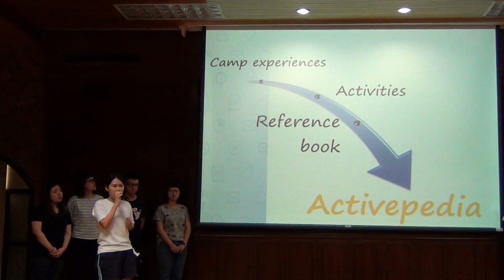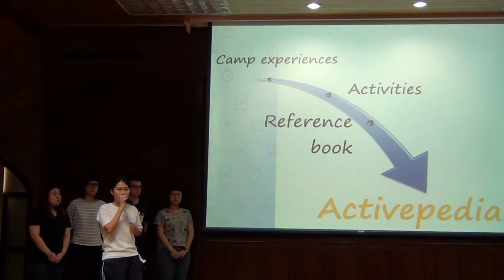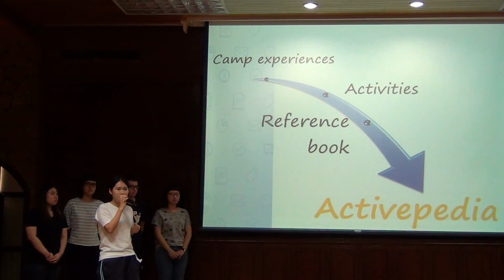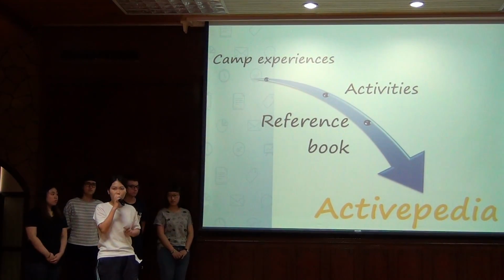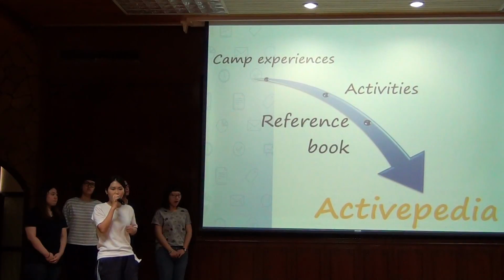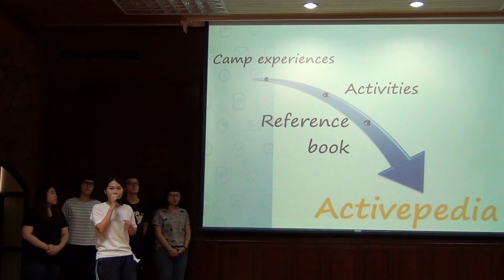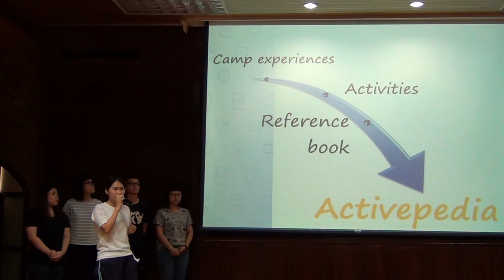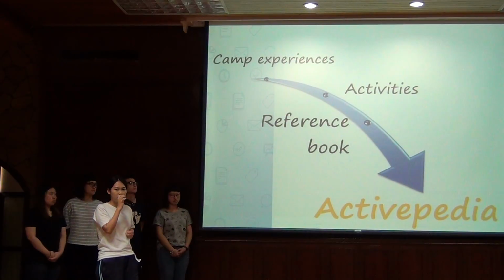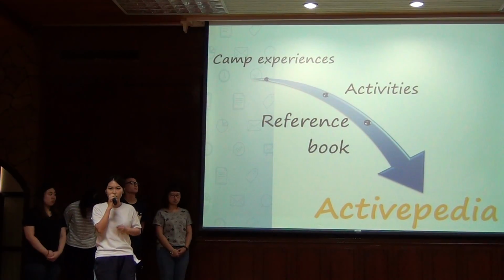Due to this reason, we designed a reference book called Wikipedia. This book is classified into 4 sections, including icebreaker, vocabulary, grammar, and dialogue. We create lots of activities and programs with this book. Teachers can adjust the activity to fit into his or her lesson.